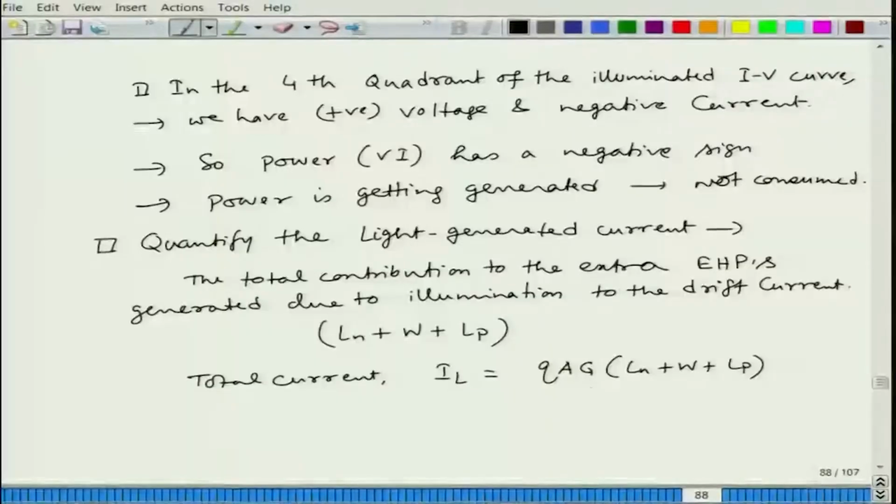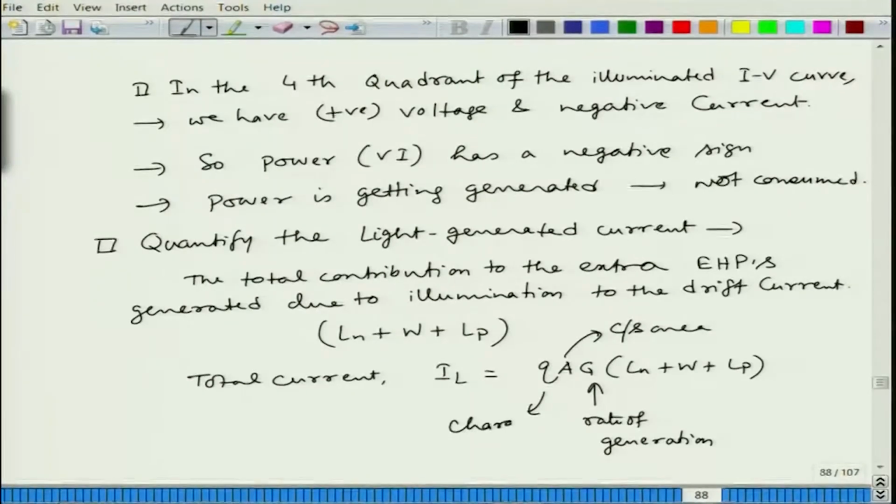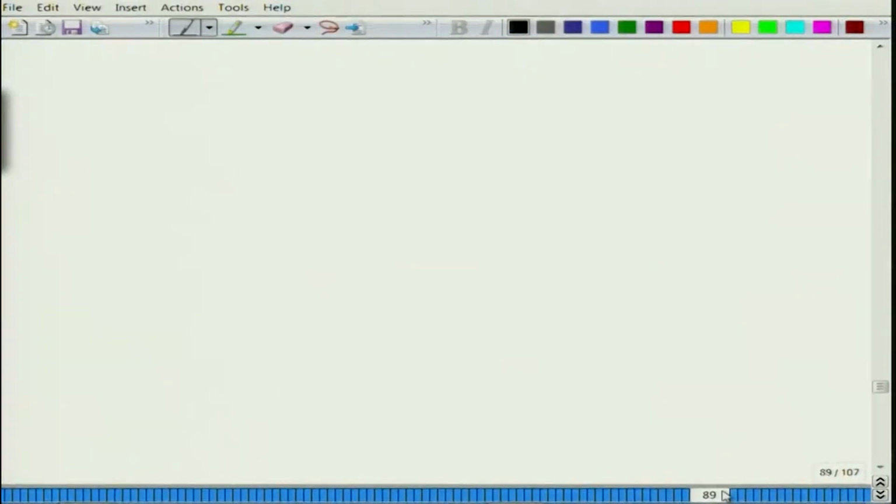So, this is the rate of generation, and this area is our cross sectional area, okay, in the opposite direction, and this is the charge. Right. So, this will be the total amount of drift current that you get.